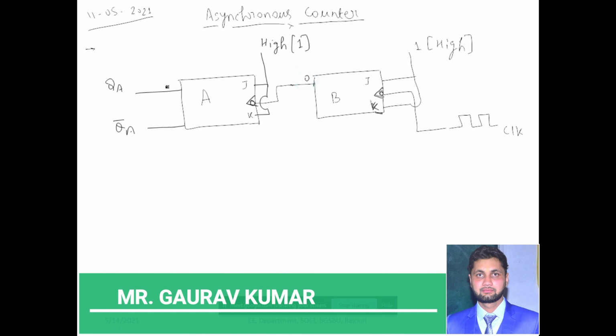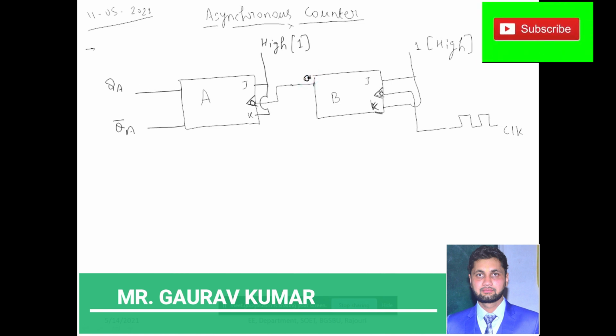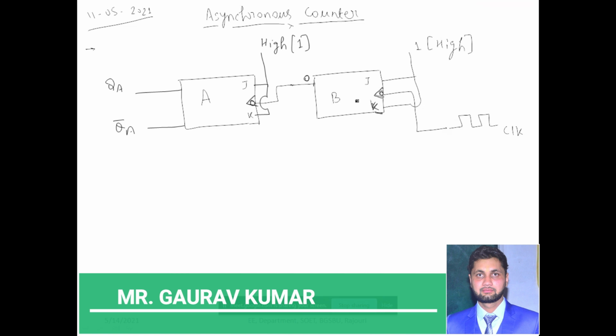Initially, it is 0, and this is also initially 0, because you are applying the clock pulse here at the input of the B flip flop. So make a table with clock 0. Okay. When you apply the negative clock pulse, this will perform. See, when J and K equal 1, what will be the operation of the JK flip flop?